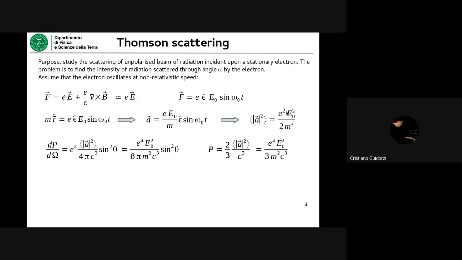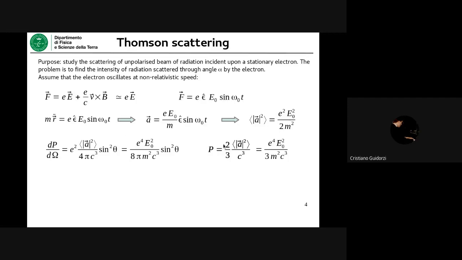So indeed, the e fourth comes from this term times this term here, but then the rest is okay. So there's no typo. It's correct. So this is just the power emitted as a function of direction, and again, Larmor's formula, having calculated the acceleration, gives the corresponding time averaged power, okay? Because the acceleration is a function of time, so is the power. We take the time average value, just like that.